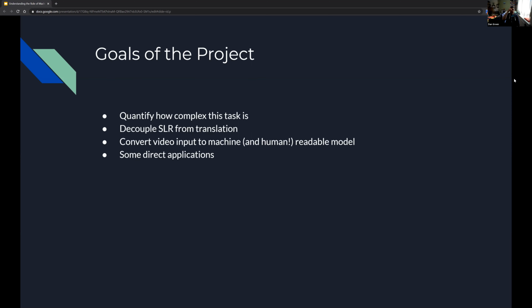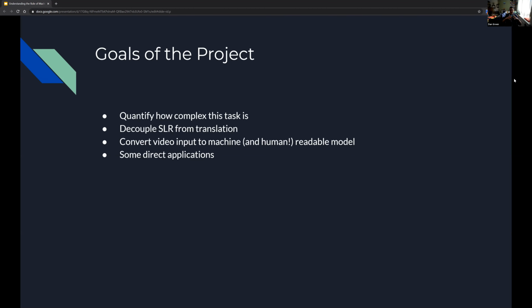I also really wanted to decouple sign language recognition from translation. As I mentioned earlier, a lot of these projects rely on some sort of translation as part of their system. And not only does this make the whole thing a lot more complicated because translation is a very complex task, but it also can sometimes hide some of the complexity of the actual sign language.